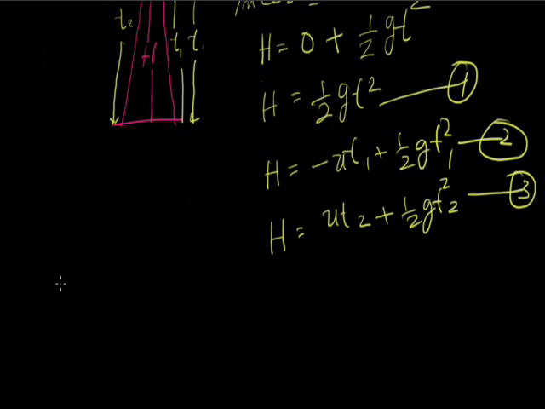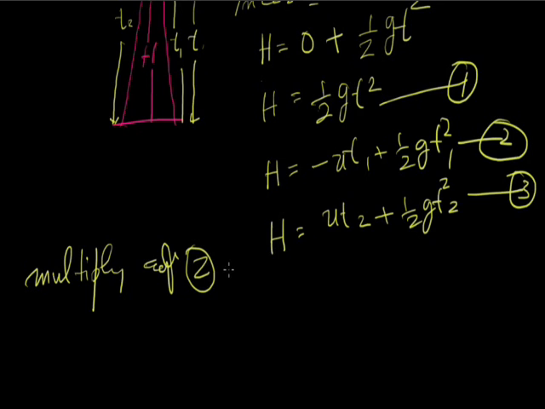To prove t is equal to root of t1 t2, multiply equation number 2 by t2 and equation number 1 by t1.